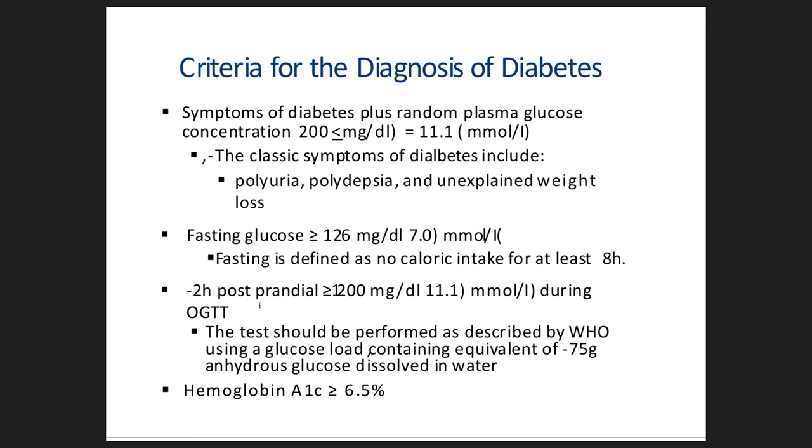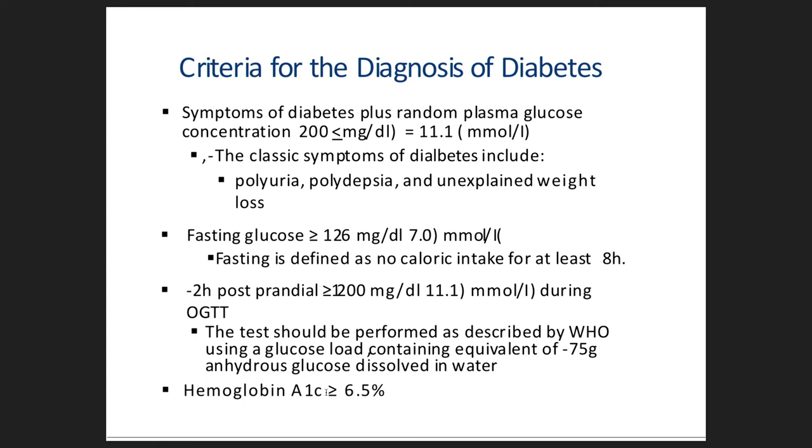The same thing for 2 hours postprandial or random. A normal person should not have glucose more than 140 milligram per deciliter. Those with diabetes, they are having 200 and more. And persons having random glucose or 2 hours postprandial glucose between 140 and 200 is called pre-diabetes.